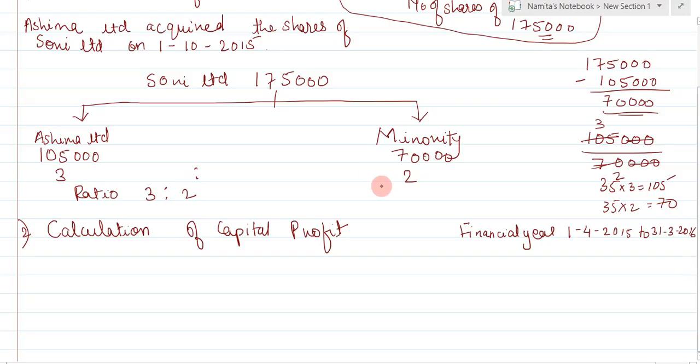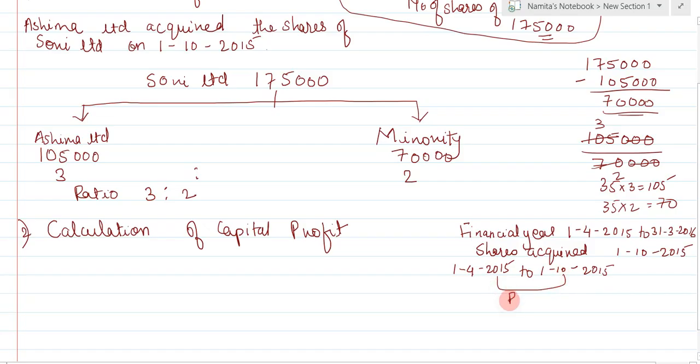Okay, see, fine, shares are acquired. The shares acquired date is what? 1st October 2015. So from 1st April 2015 to 1st October 2015 will be what?